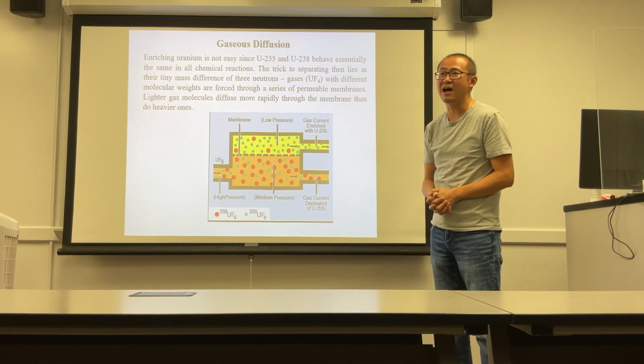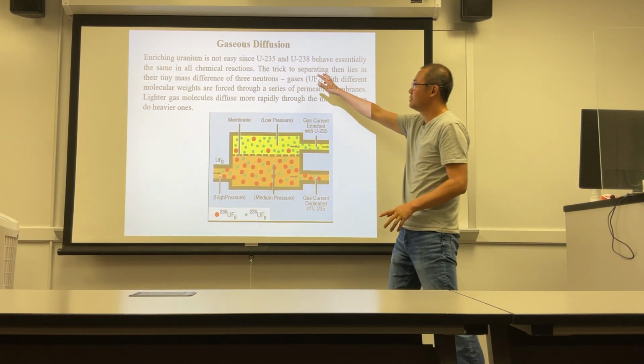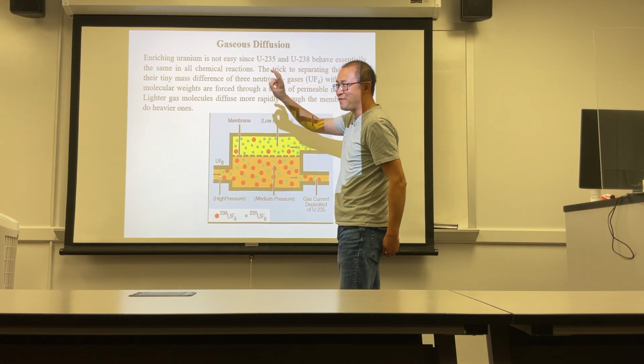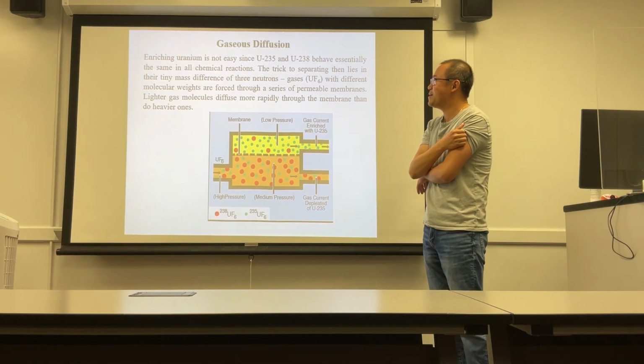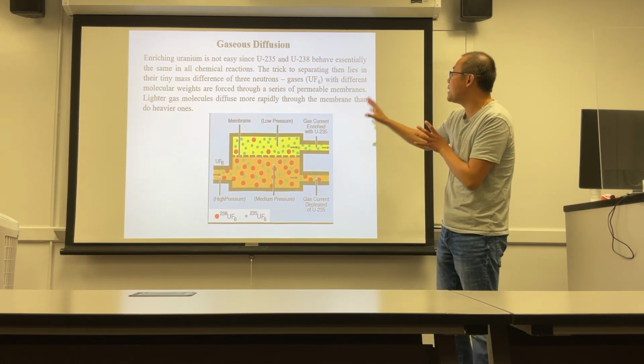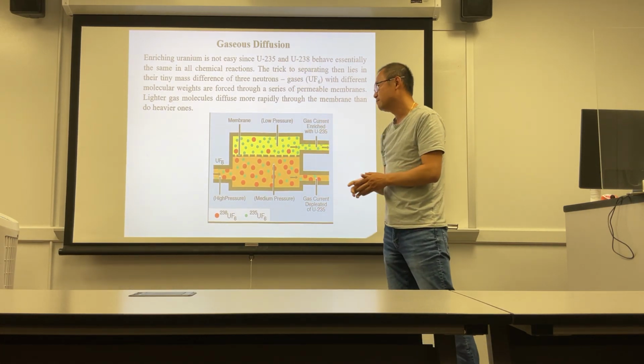They're the same thing because they're isotopes. The only difference is their mass number. How much different? 3 different. Still a tiny difference. So the trick of separating these two is based on that difference.